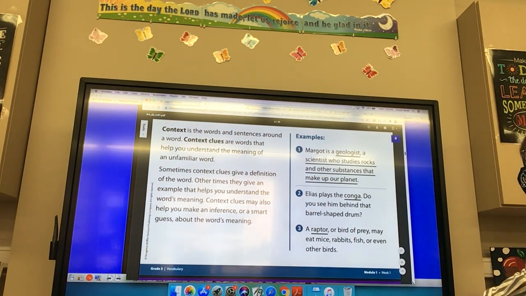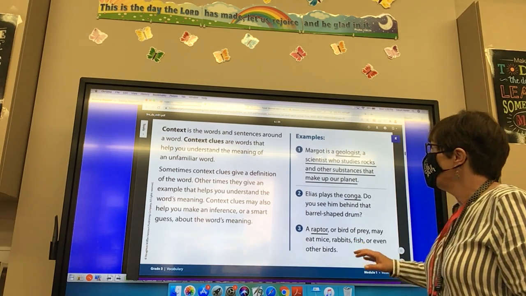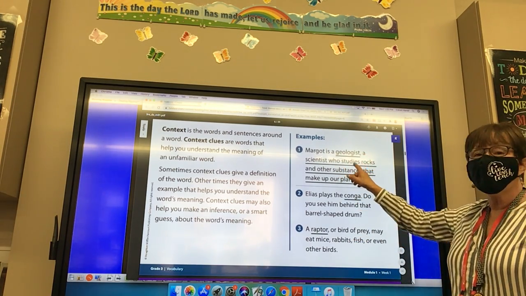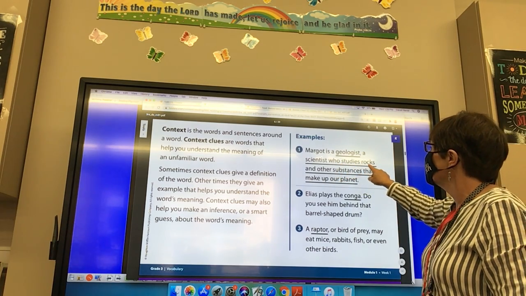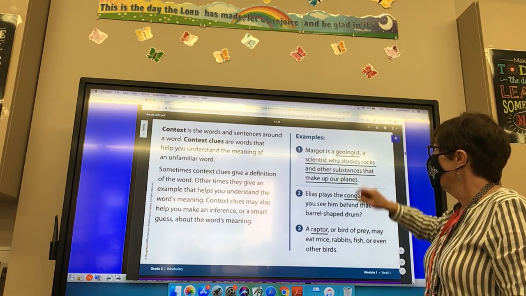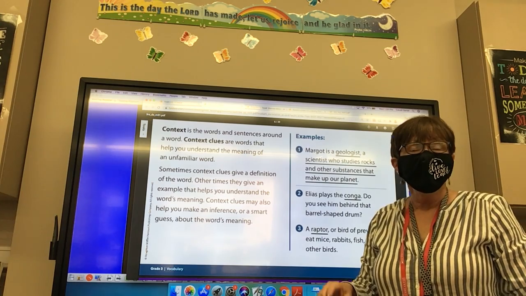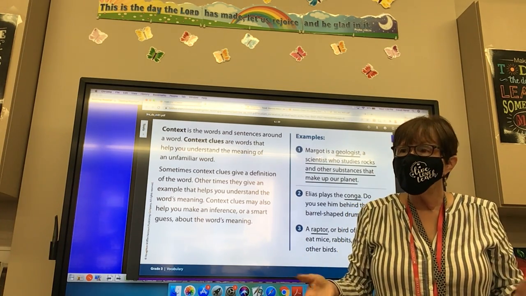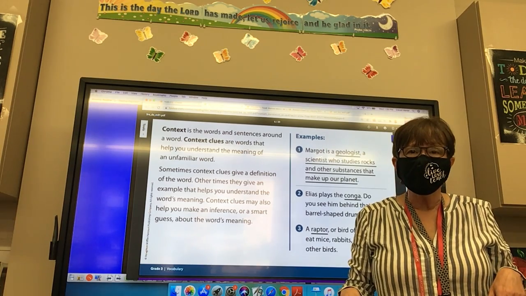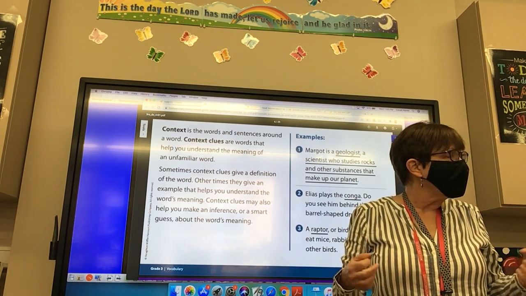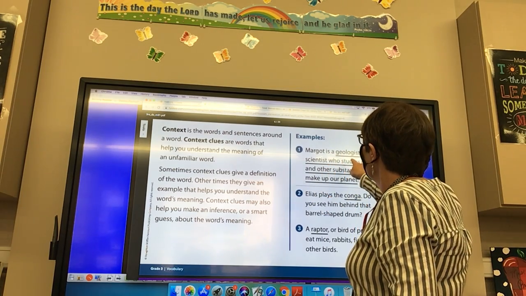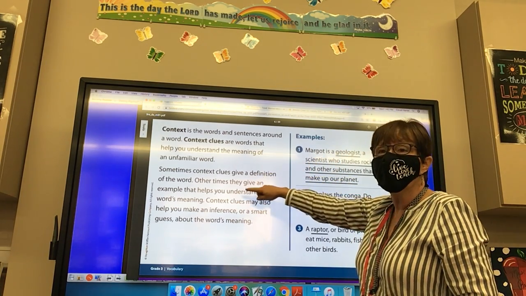So let's look here. First we have: Margot is a geologist, or a scientist who studies rocks and other substances that make up our planet. So let's say I'm reading and I don't know what a geologist is, but I'm looking at the context clues. Here's an example where I'm getting a definition of the word.